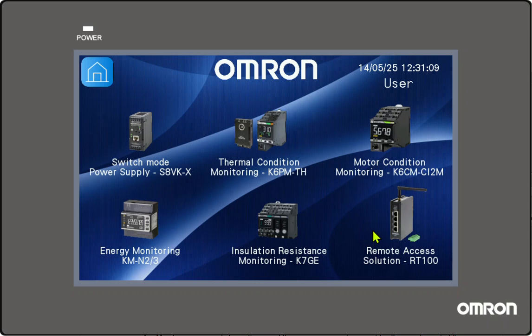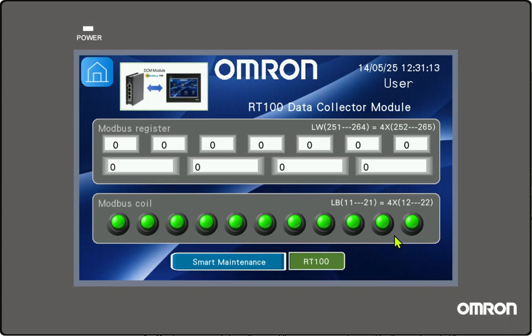Finally, the last page is for the remote access solution, the RT1. And in here, as it is the RT1 that uses the data collector to read data or write data to the MB, I just put here some internal memory addresses of the unit, like in this case LW 251 and 264 and LB 11 to 21, and I put here the equivalence of the registers and coils in Modbus, because the RT1 connection is configured to use Modbus.